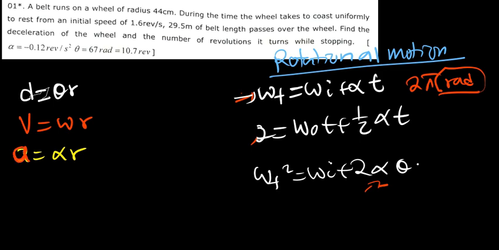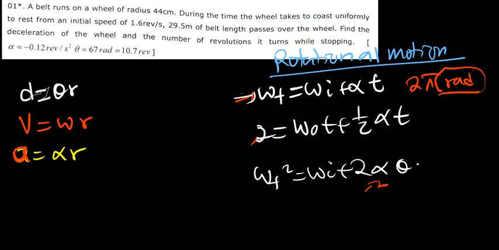The chance that you cannot use these formulas is 0.5%, but 99.5% that you are supposed to use these formulas in an exam or in a test question which is going to come. Is that okay? So let's try to solve this question.